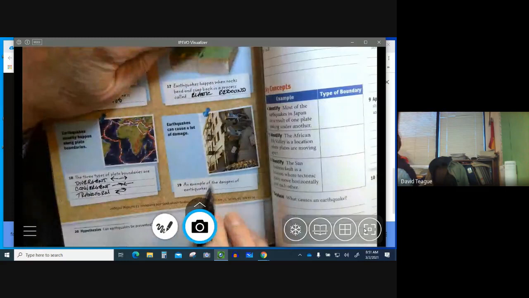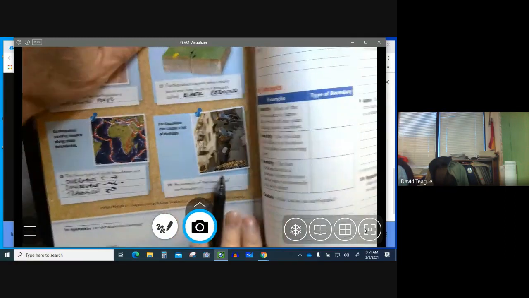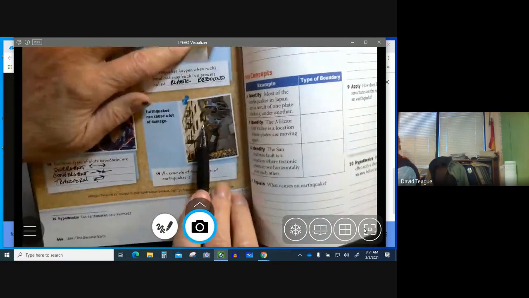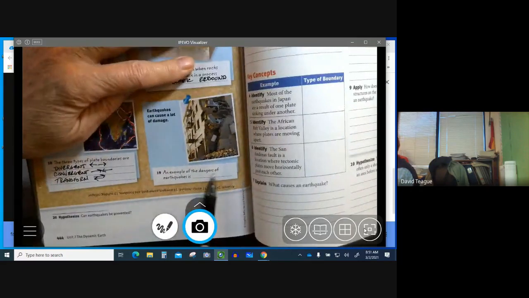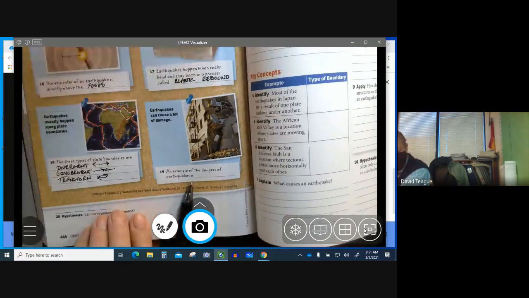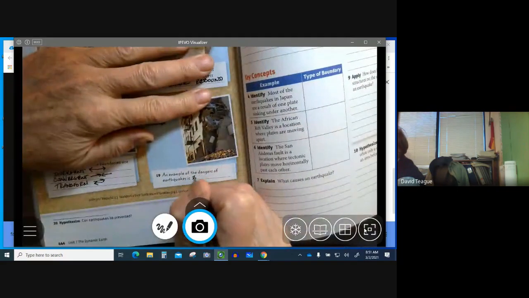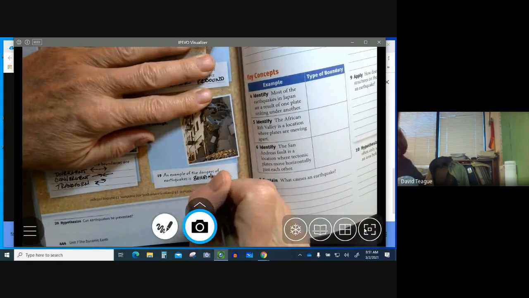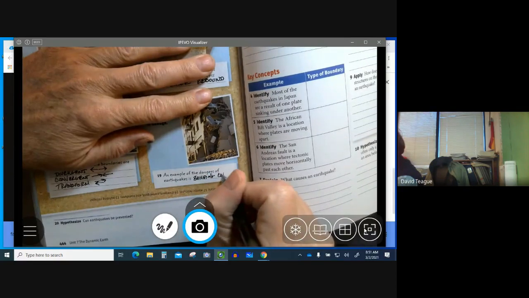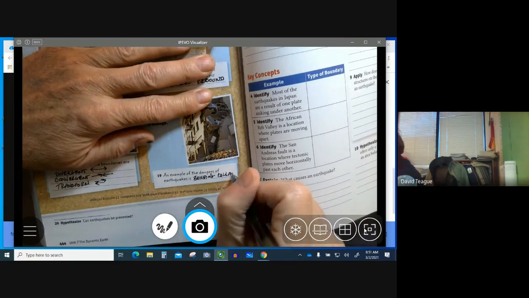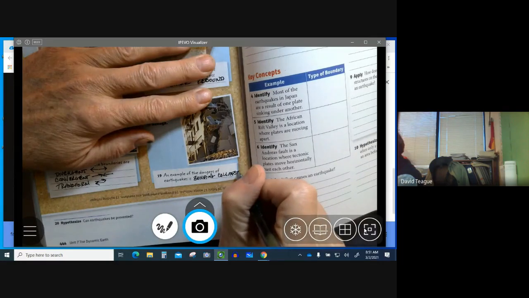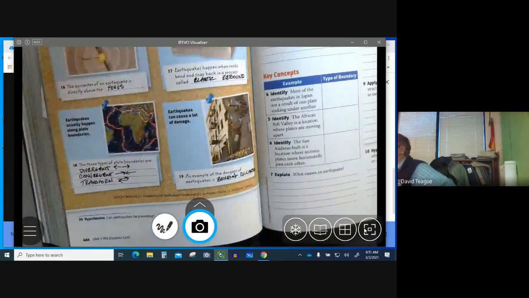Okay, number 19. Earthquakes can cause a lot of damage. I have a picture of a building right here. An example of the dangers of an earthquake is this building collapse. I don't know if you've watched Generation Genius yet, but they show how they're designing buildings now that can survive an earthquake.